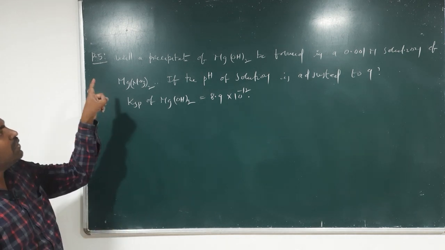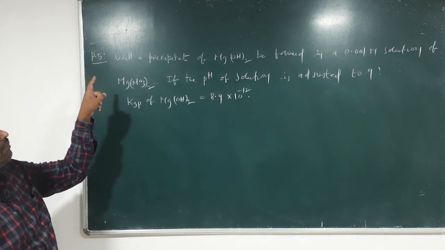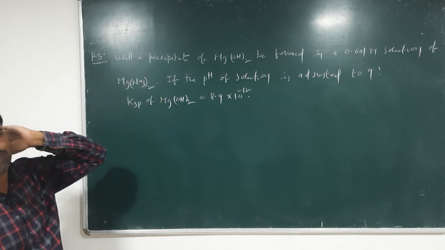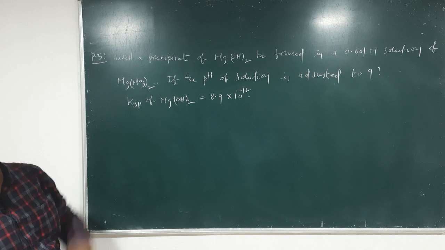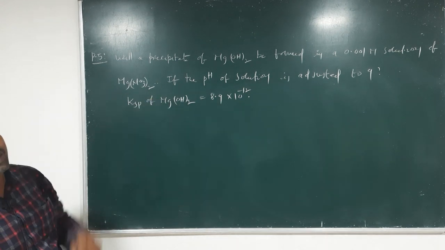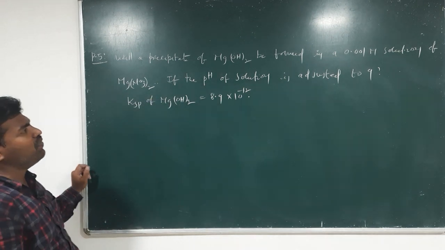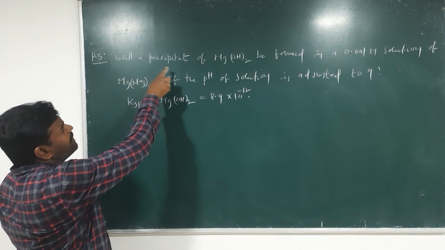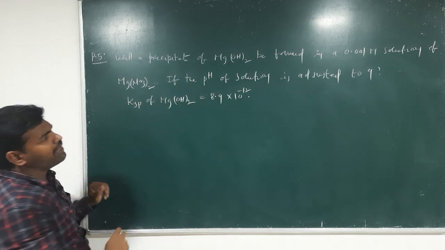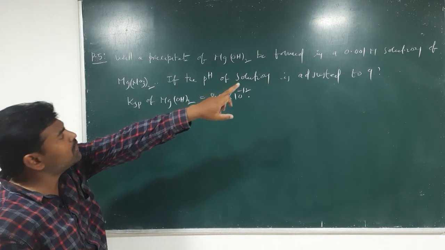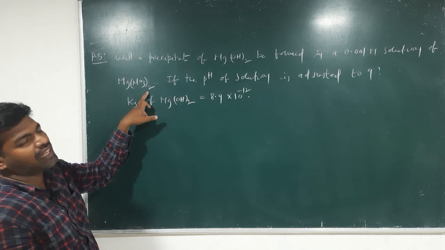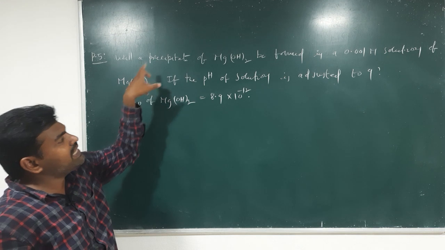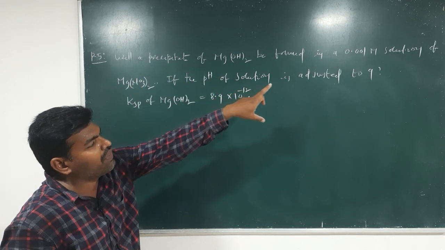They asked whether a precipitate of MgOH twice will form under these conditions. So, the solution is MgNO3 and it is present at pH of 9.